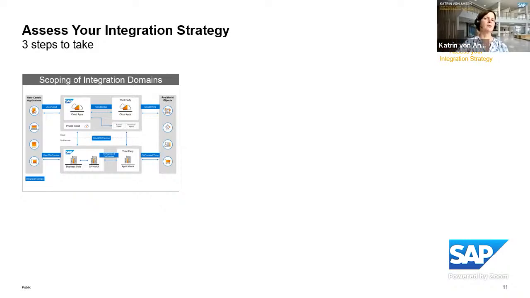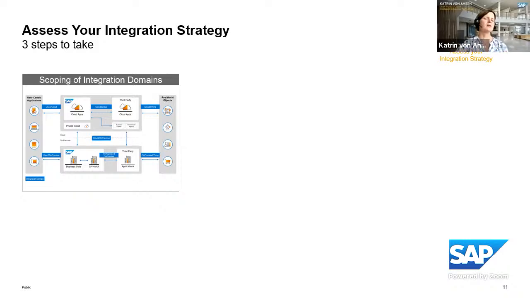For instance, if you need to support cloud-to-cloud integration scenarios, or so-called hybrid integration scenarios where you're integrating cloud applications with on-premise applications, and depending on your business background and your strategy, if there's a need, for instance, to also integrate with user-centric applications or with real physical things, as you have with the Internet of Things.